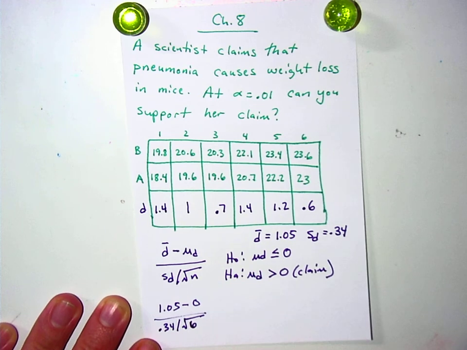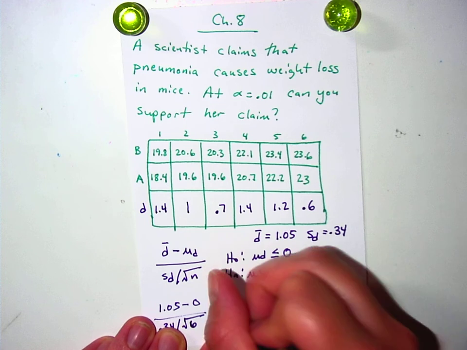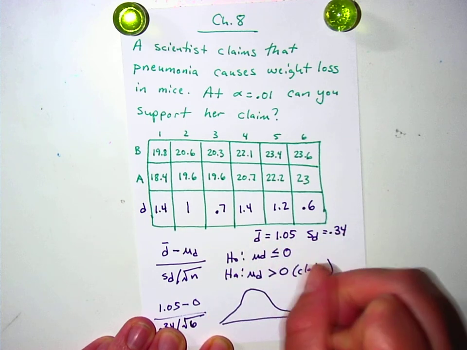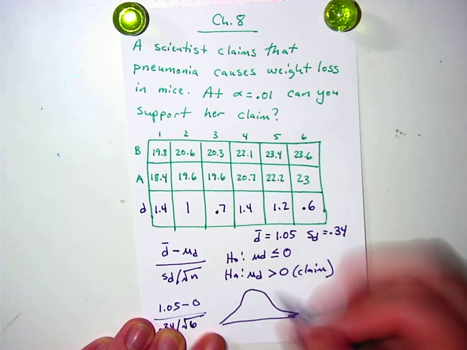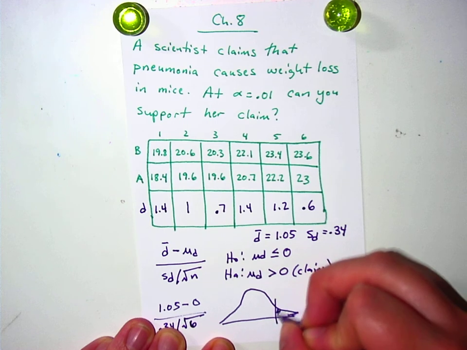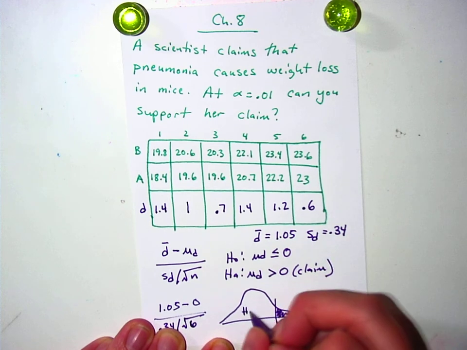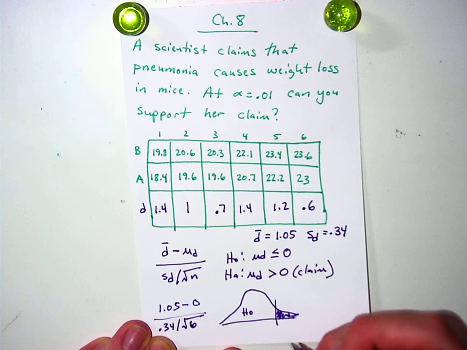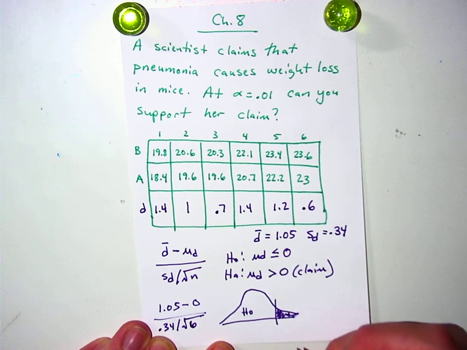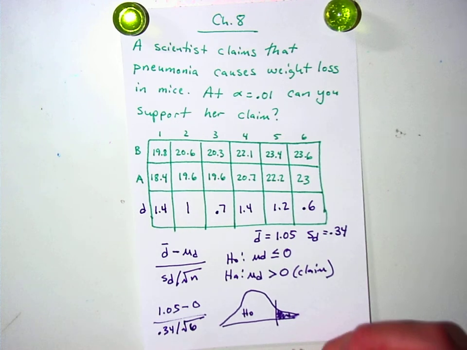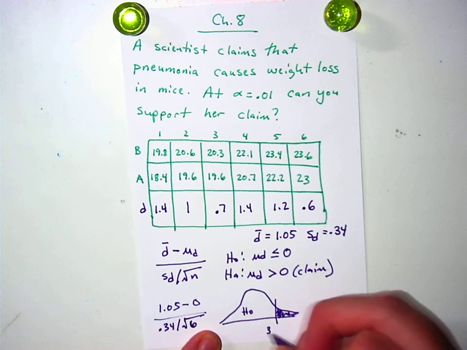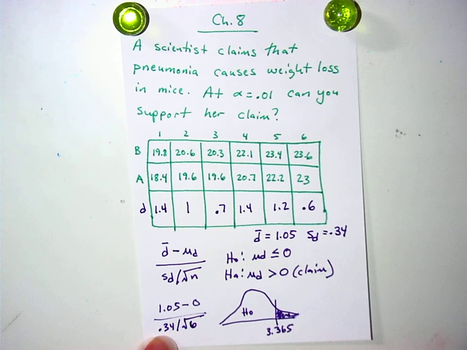Okay, so then if I draw a quick little horrible, absolutely horrible one, this is a right-tailed test, and if I look up that t-score, it is 3.365 right there. That is my rejection region.